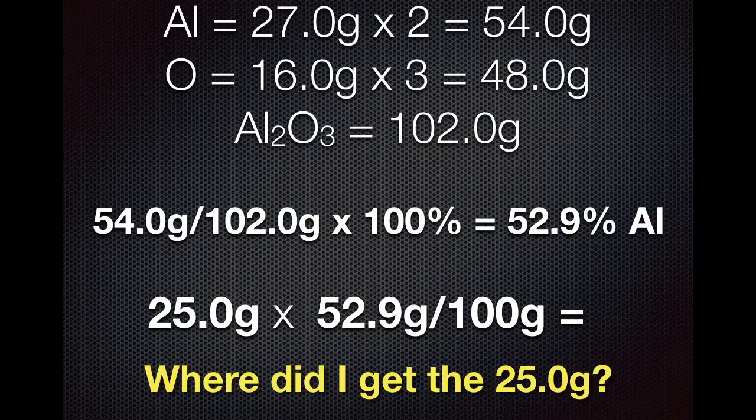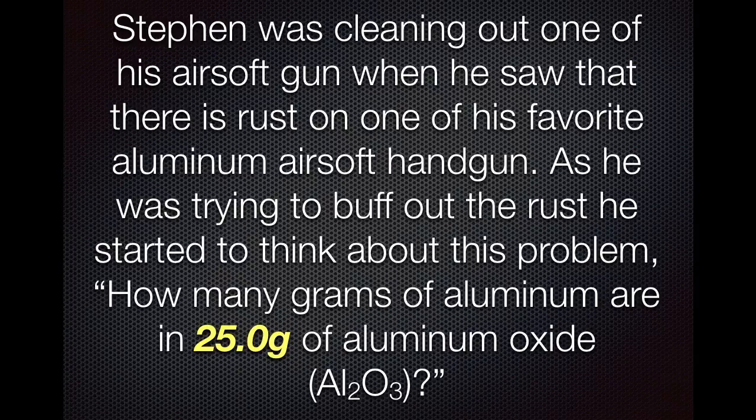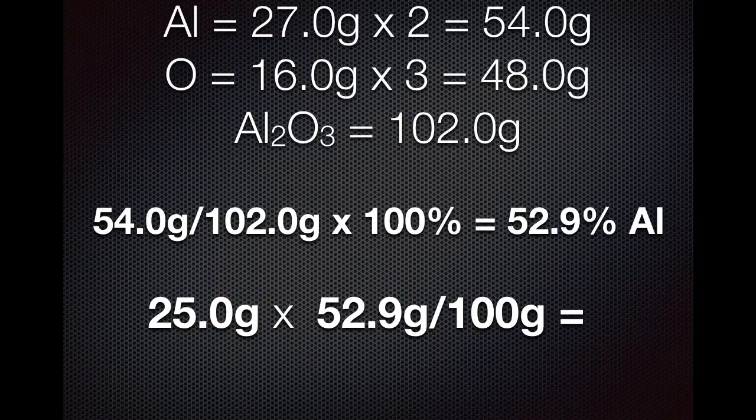If we go back to the initial equation, we said right here that 25.0 grams of aluminum oxide is what you have. So I'm starting with what I'm given, 25.0 grams. Then my first conversion, 52.9 grams over 100. Where did I get that 52.9 grams? Well, I know that 52.9% of the aluminum oxide is aluminum, so I'm using that as a conversion factor.